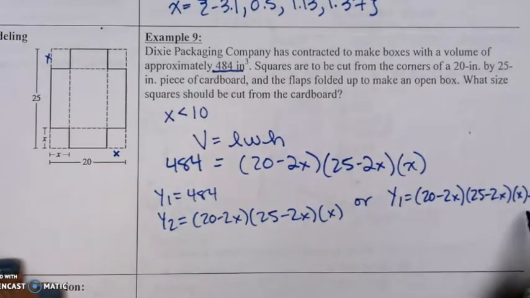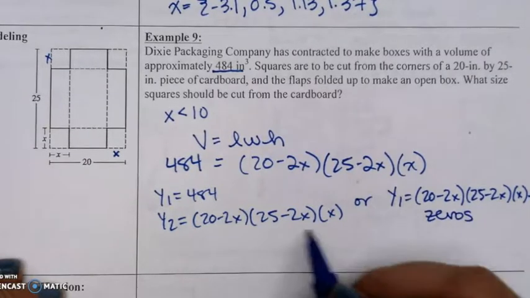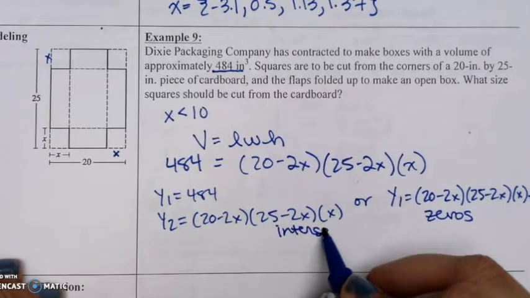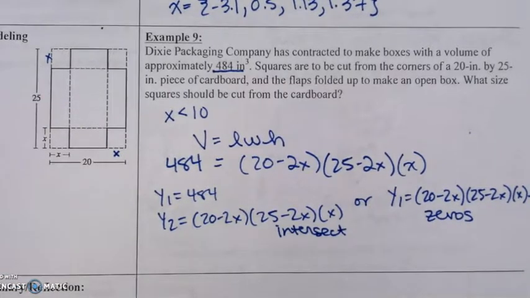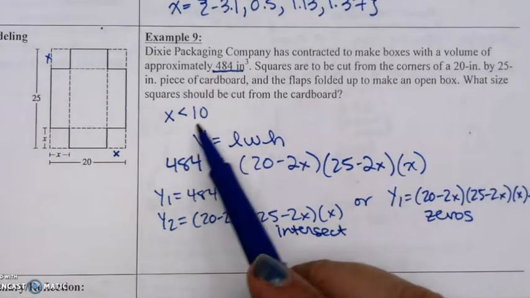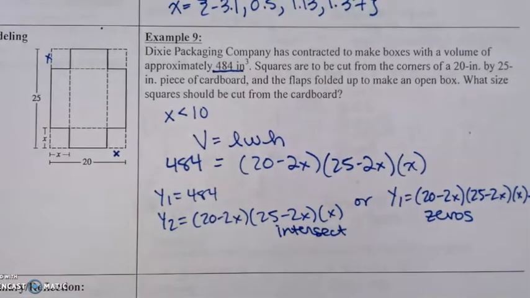Okay, and find out the zeros or the intersect. Okay, so go ahead and pause the video now while you try that with your calculator. And remember, we need an x value that's less than 10 for this to make sense.